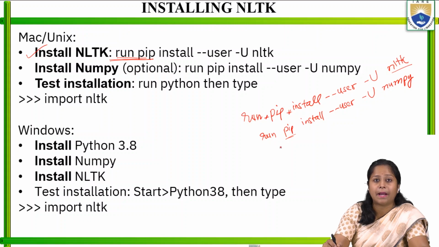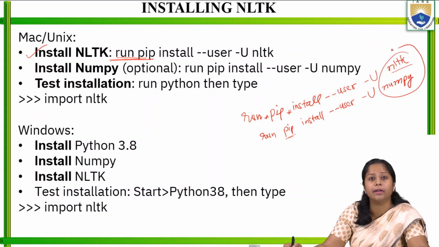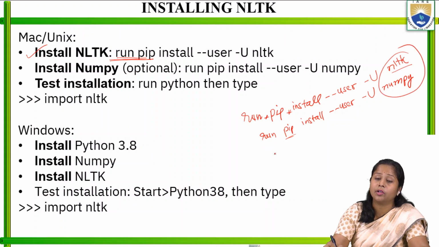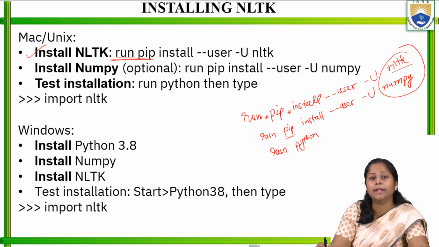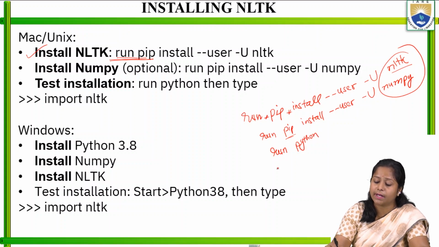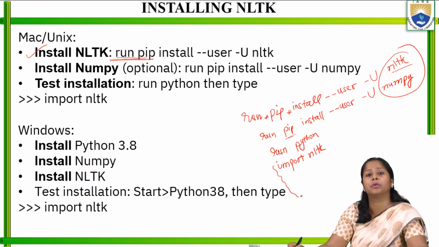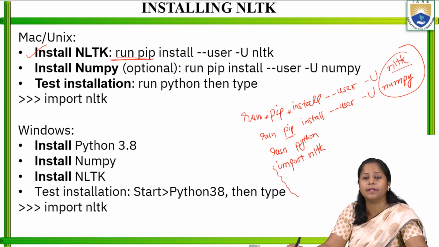Now in the next step, I need to test whether it has been installed properly or not. So I need to test this installation. In the very next line, we need to write run Python, and then it is going to start, and in the very next line I need to write import NLTK, when I need to start our code or syntaxes here.